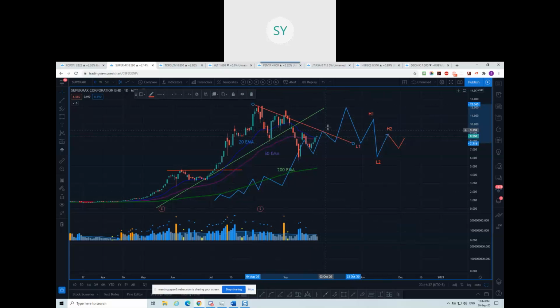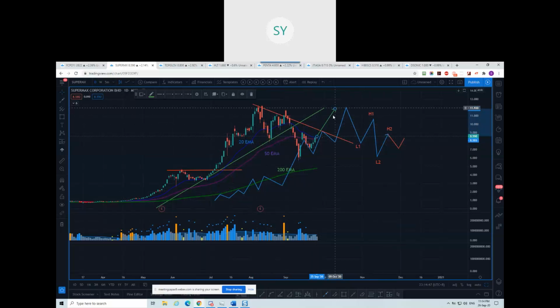I hope the price will continue to go uptrend. The price might just break up like this. If the price breaks up this downtrend line, it's good news.